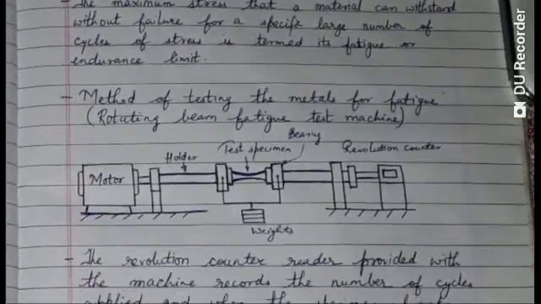Method of testing the metal for fatigue: rotating beam fatigue test machine. As you can see over here, there is a motor for rotating, and there are bearings, and the holder, and there is a test specimen, and there is a revolution counter which reads the number of cycles.